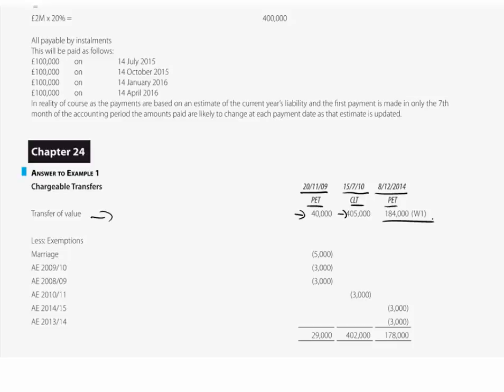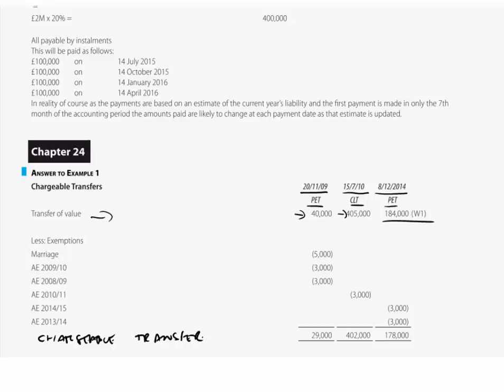Take away the value after the transfer from the figure before the transfer, and thus you get the transfer of value, and that figure I hope you got at £184,000. Then transfer by transfer, we look at any exemptions that may be deducted in deriving what will be our bottom line chargeable transfer figures.